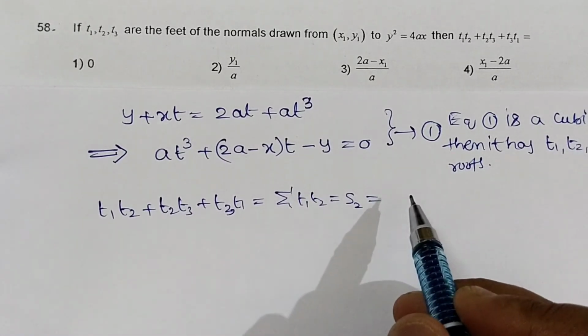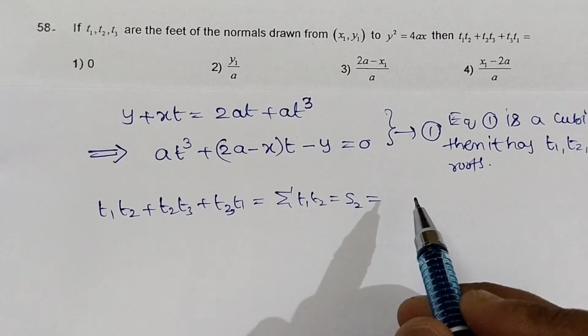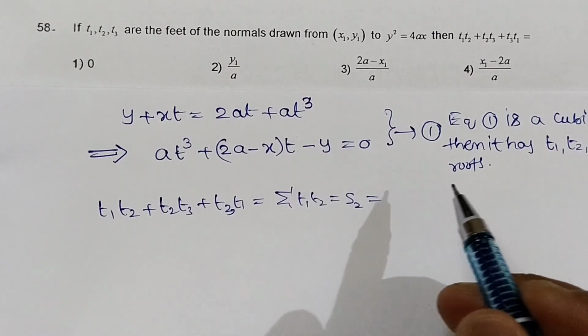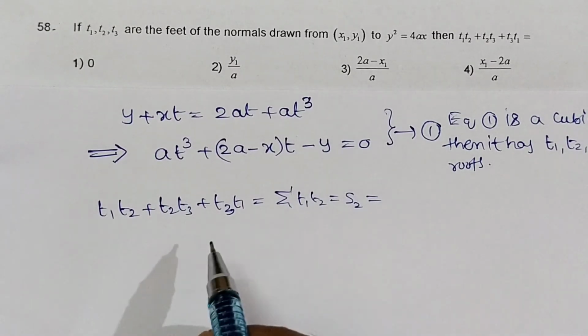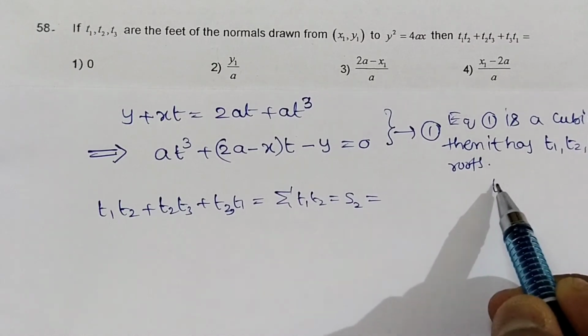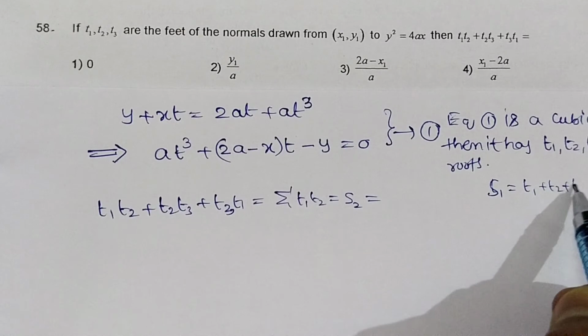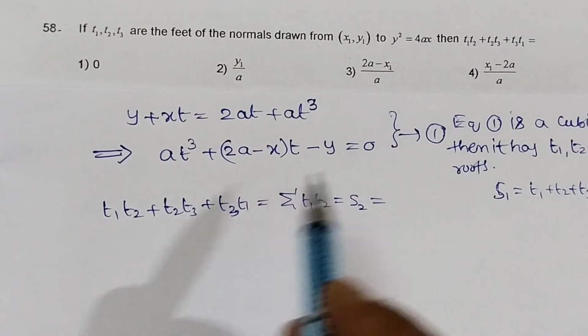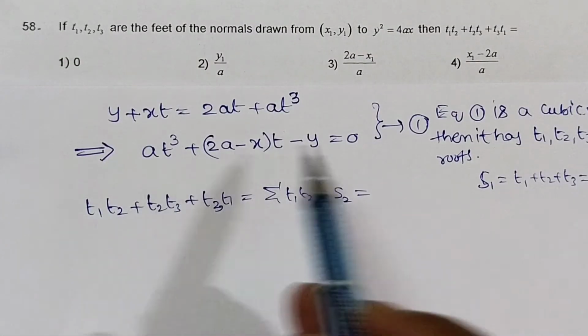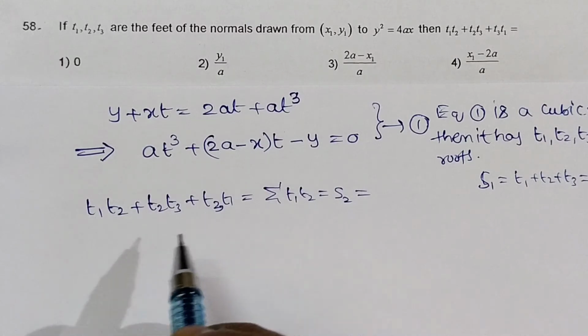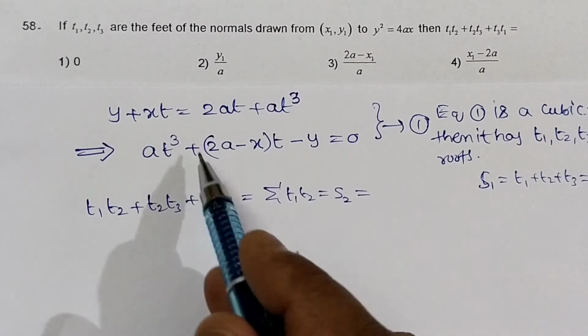Now the sum of the roots S1 is t1 plus t2 plus t3, that is equal to 0. Why? Because the t square term is not there, right? Minus b by a would come, but the t square term is not there.